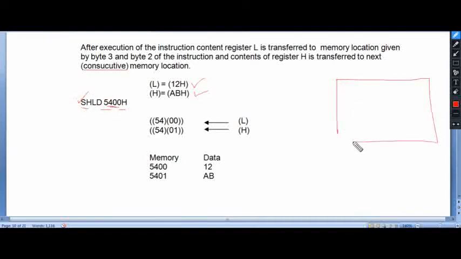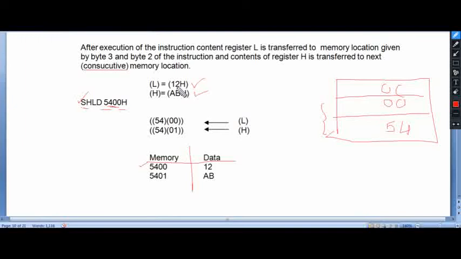Here the operation code, then the low order address, which is 00, and the high order address, which is 54. These two numbers represent the address, the memory, equal to 5400.